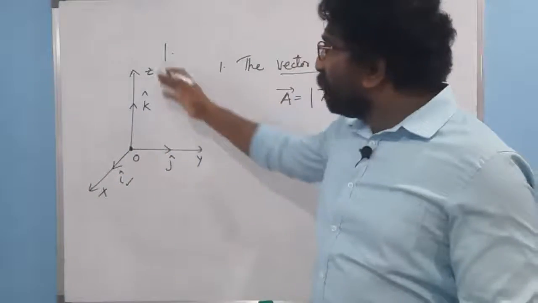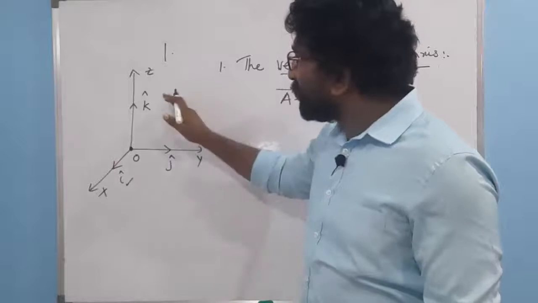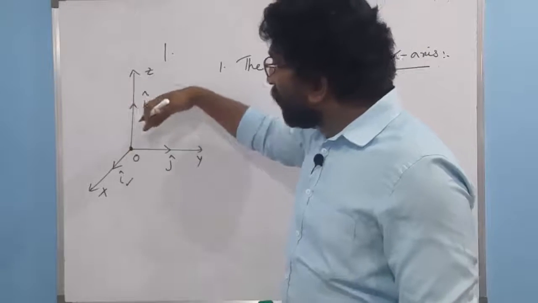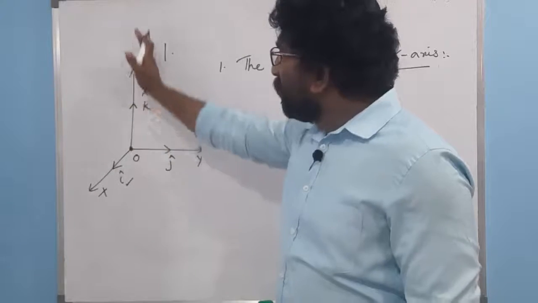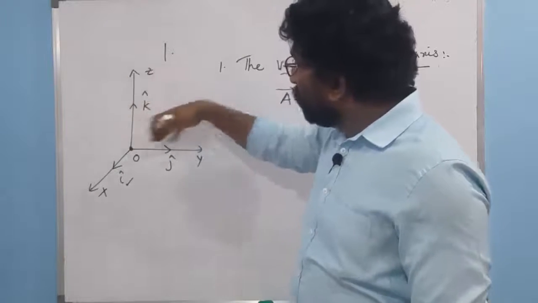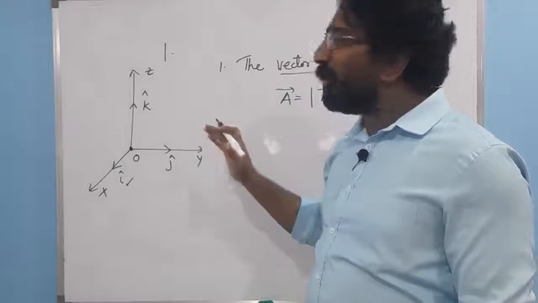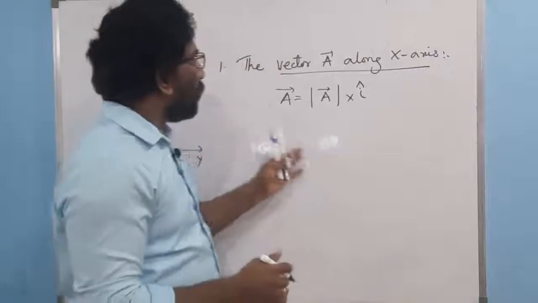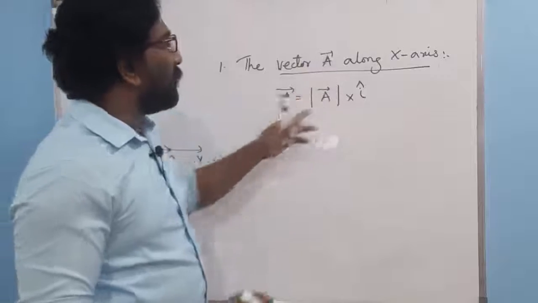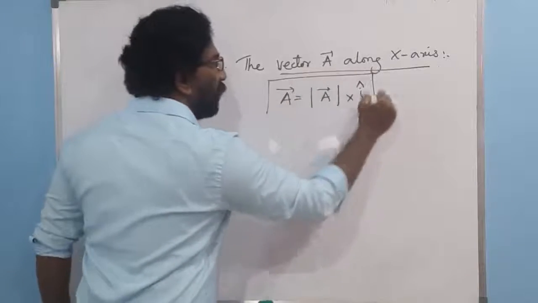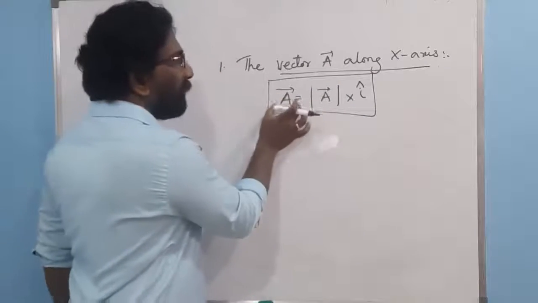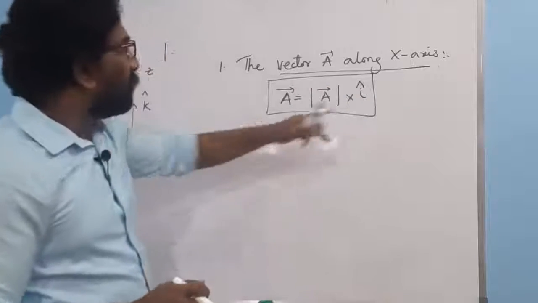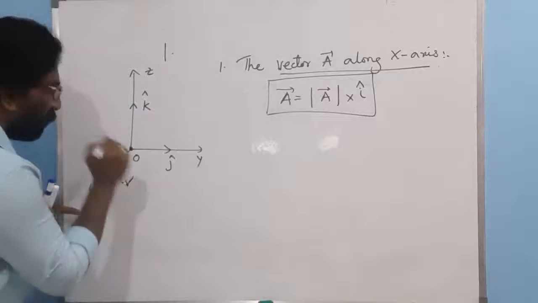If your vector is in this kind of space, you are supposed to define it along any of these directions: through the x-axis, the z-axis, or the y-axis. The vector A along the x-axis is given as vector A. What is the definition? Vector A equals the magnitude of the vector into the direction of the vector.